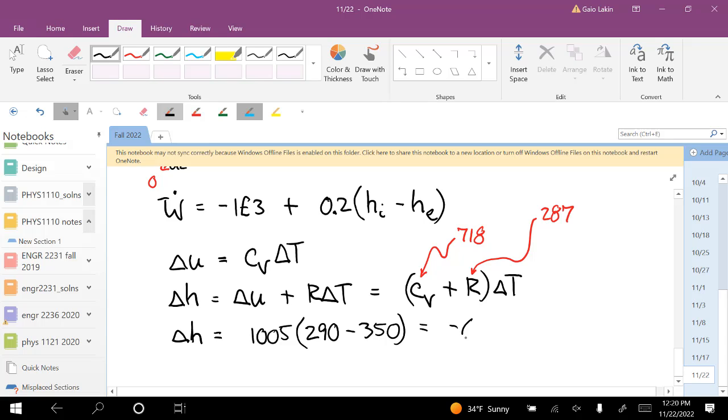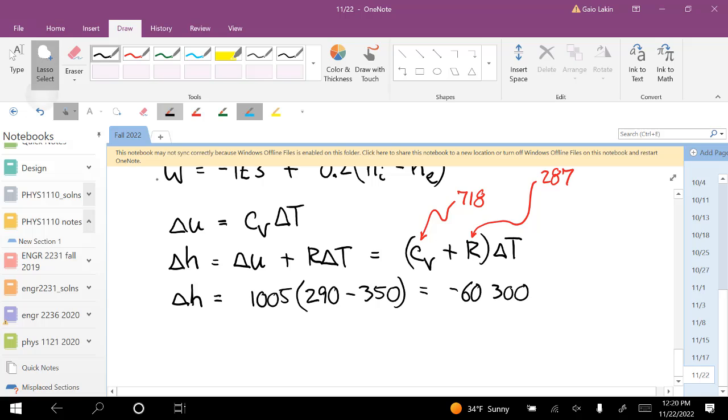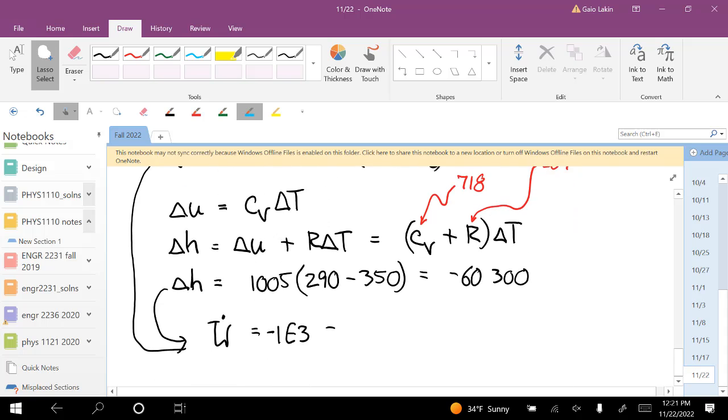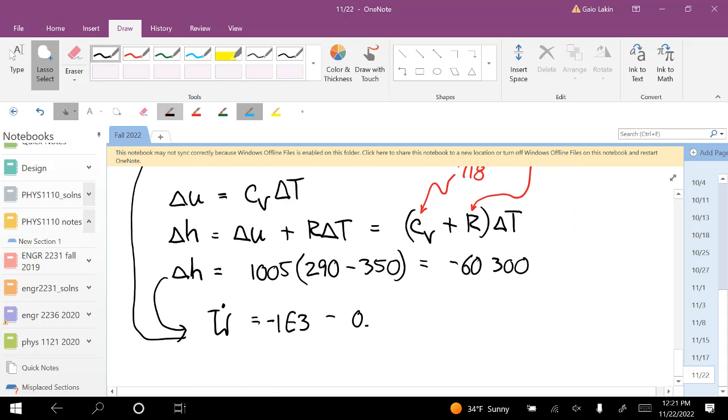So you get negative 60,300. And then plug that into the equation we had, and you get W dot is equal to negative 1 times 10 to the third, minus 0.2 times 60,300.